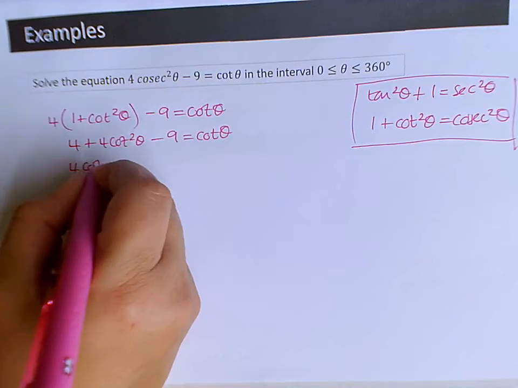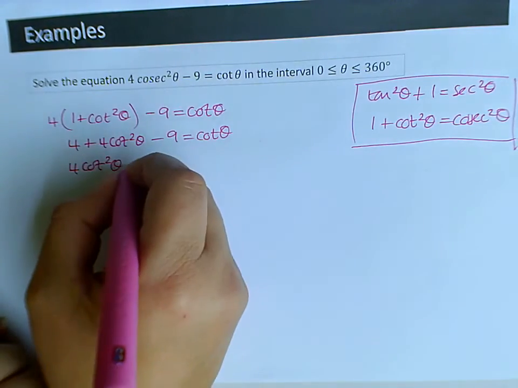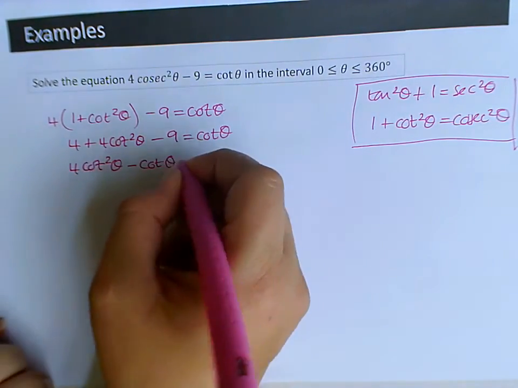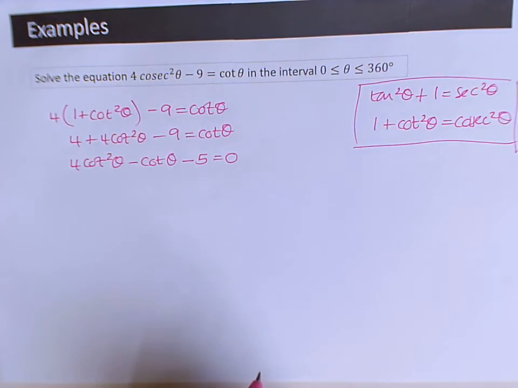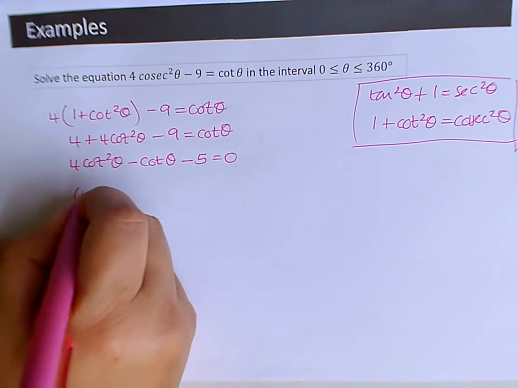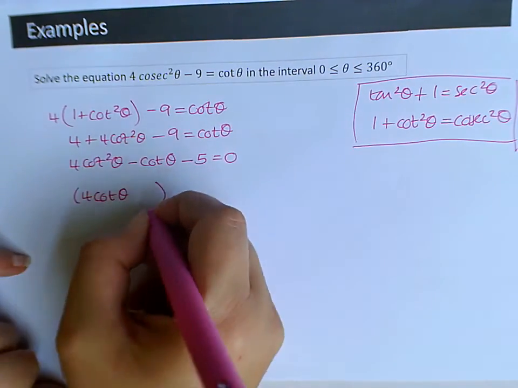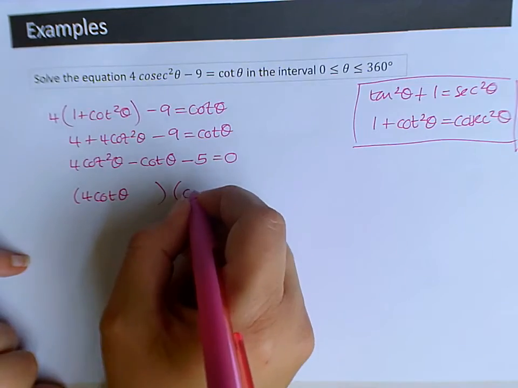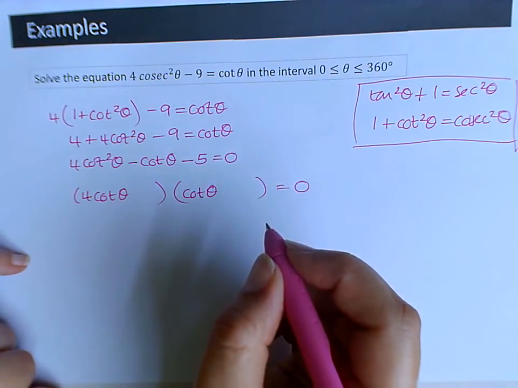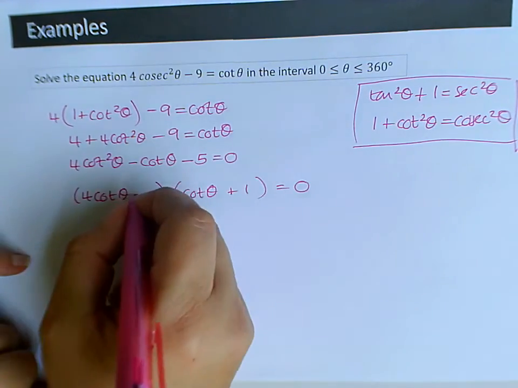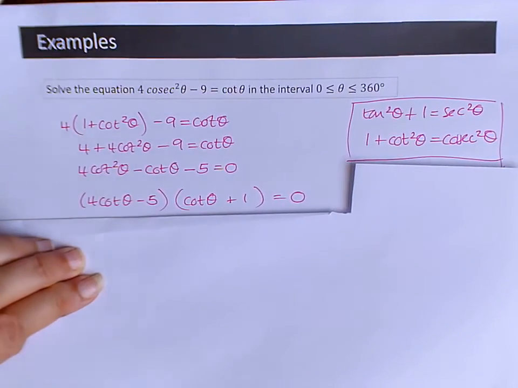4 cot squared theta, subtract cot theta, subtract 5 equals 0. So now need to factorise that. The good news is you do have your calculators, but if not, you'll have to do it in your head. And it's going to be negative, so it would be like that.